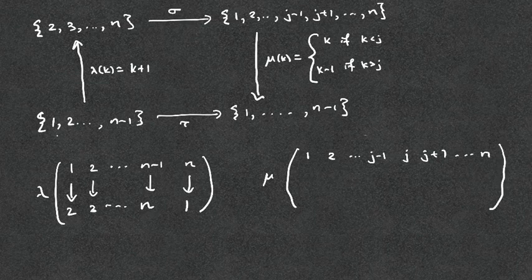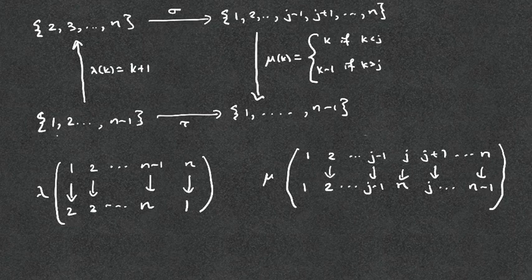If we're less than j, we get the same value back, so we've got 1, 2, up to j minus 1. For j plus 1 and bigger, we subtract 1, and so j plus 1 gets sent to j, and n ends up getting sent to n minus 1. Again, there's only one way that we can extend this, and that is to send j up to n.